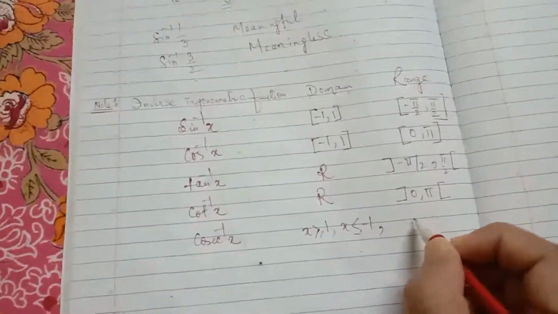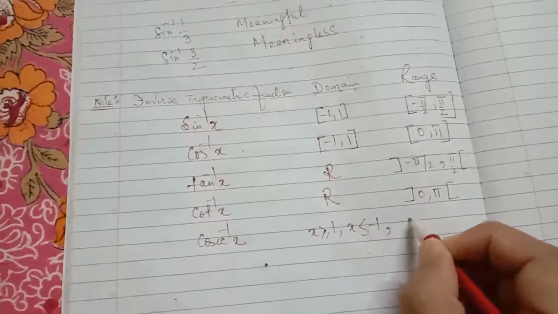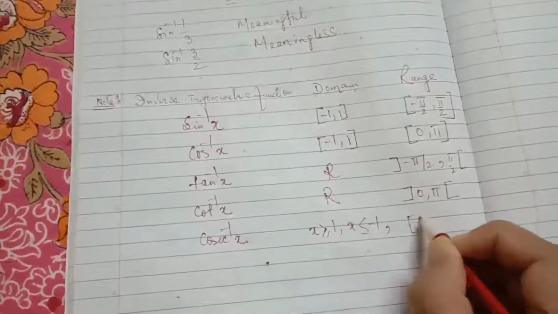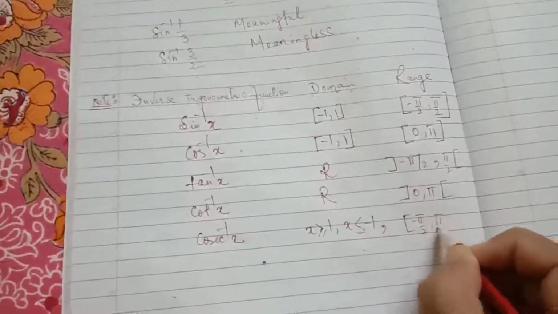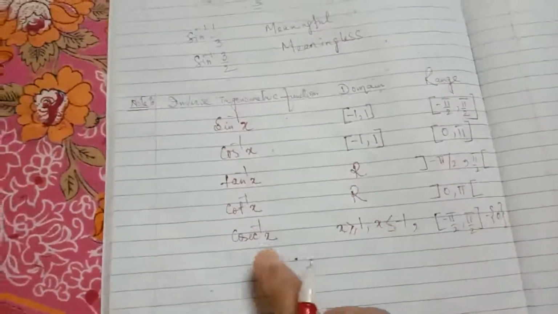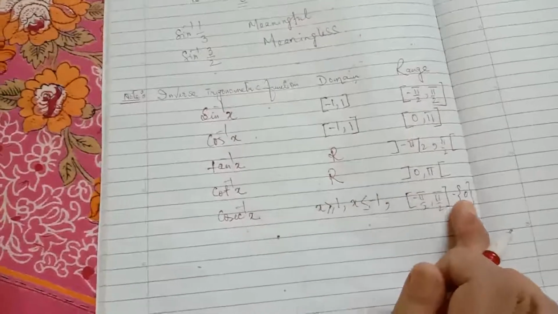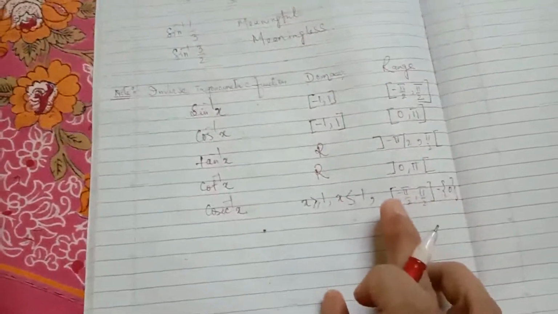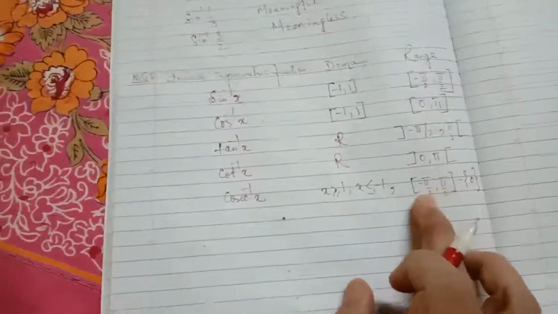And what is the range? The range is again minus pi by 2 to plus pi by 2 except 0. The value of cosec inverse of x cannot be 0, but can be any angle in between minus pi by 2 to plus pi by 2, both including.